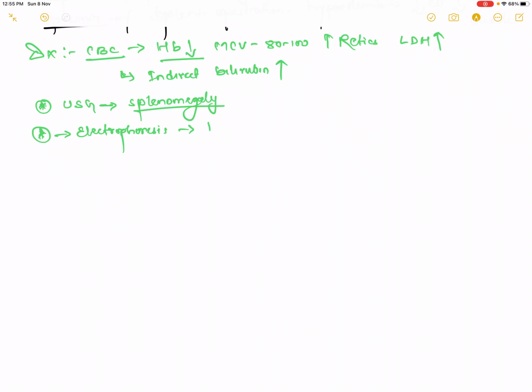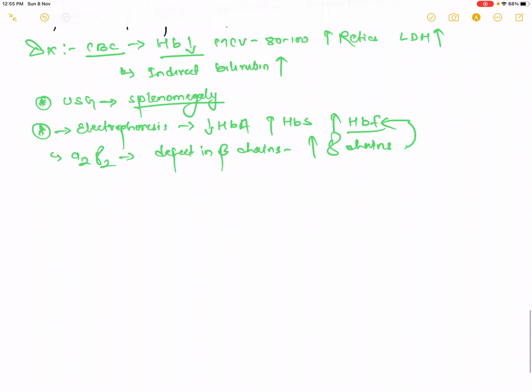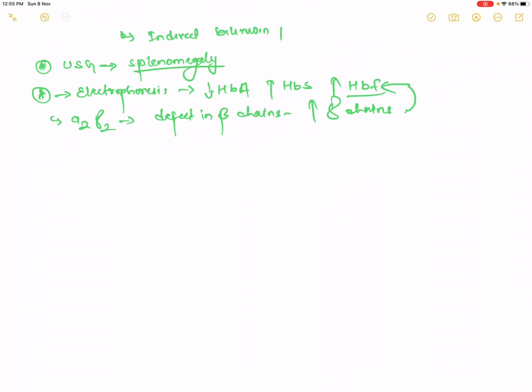It will show decreased hemoglobin A, increased hemoglobin S, and increased hemoglobin F, the fetal hemoglobin, which consists of two alpha chains and two gamma chains. Since there is a defect in beta chains, the body tries to compensate by producing more gamma chains. So there is increased fetal hemoglobin.